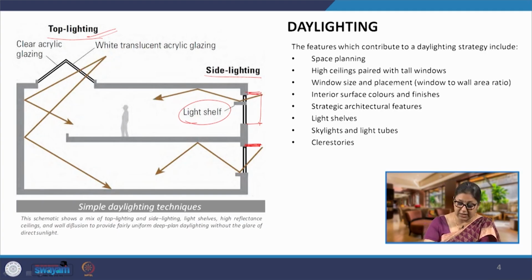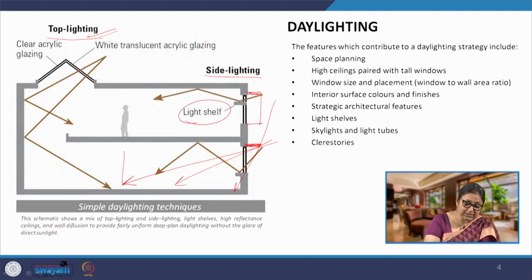If you are looking at a regular window, we have light at different angles. If you are talking about winter mornings where the sun is quite low, or winter evenings, and we are providing a window in that particular direction, say east and west, we will have daylight penetrating deeper into the space, while during the summer sun we would probably not be getting any direct light, but there will still be a lot of diffused light that will come.